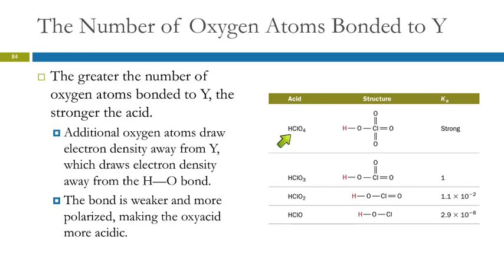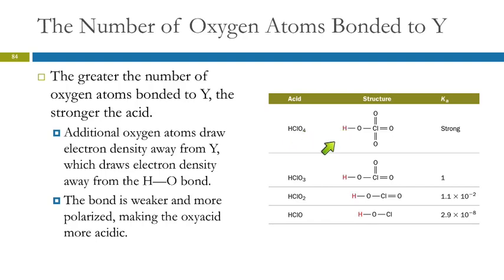So here we've got perchloric acid, with the chlorine in the middle. The hydrogen in an oxyacid is always on one of the oxygens. So these oxygens bonded to this chlorine are going to be pulling electron density away from the oxygen-hydrogen bond. Makes that weaker, makes the acid stronger.